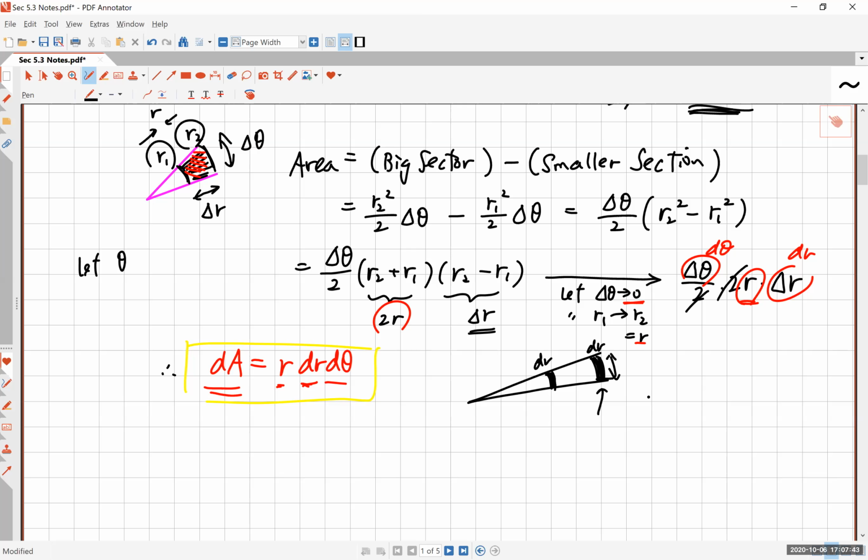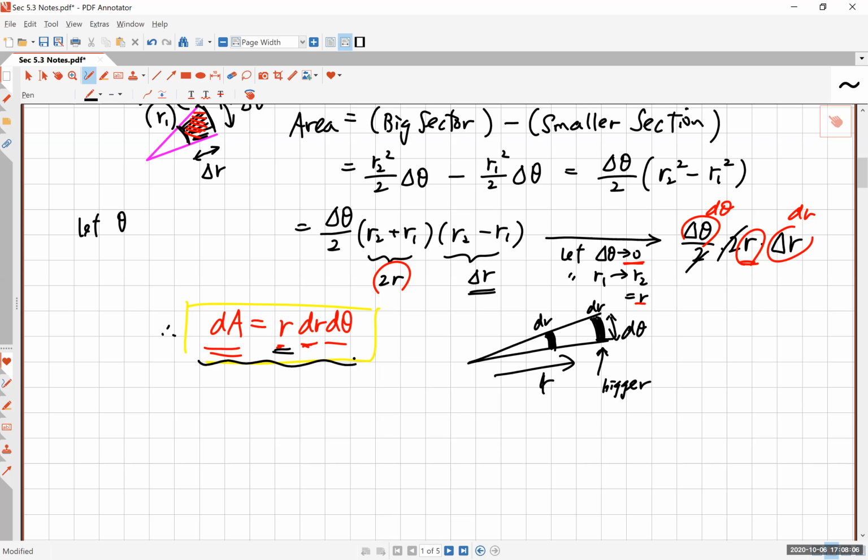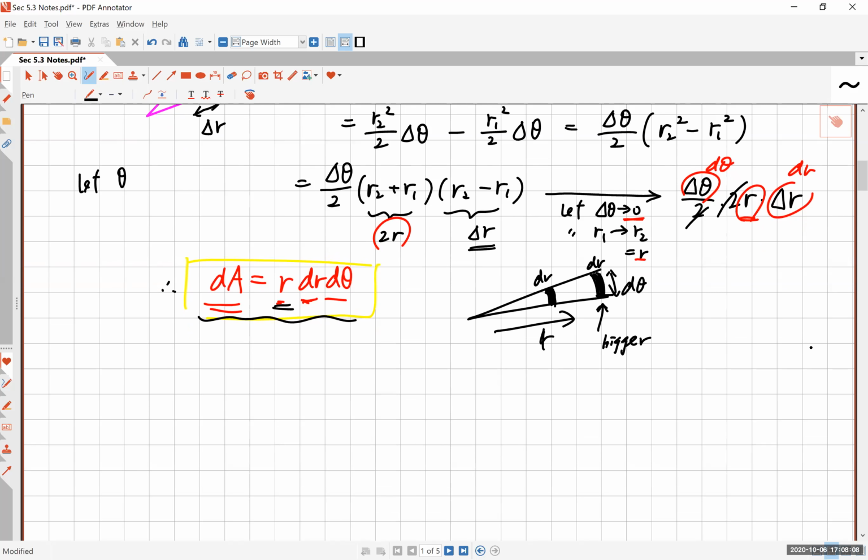So it makes sense that the area is proportional to r, because the farther you go, the bigger this area becomes, even for the same thickness of r and for the same theta value. All right, so this is bigger, and if r is twice as big here, then this area will be twice as big. So that's what this is saying. It is very consistent with what we know intuitively.